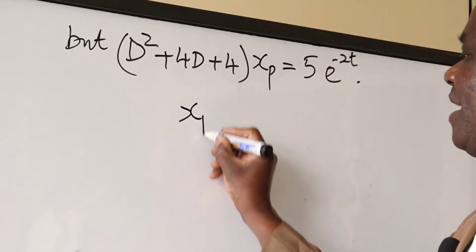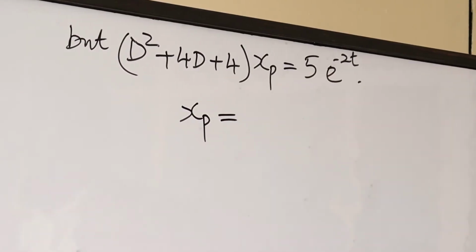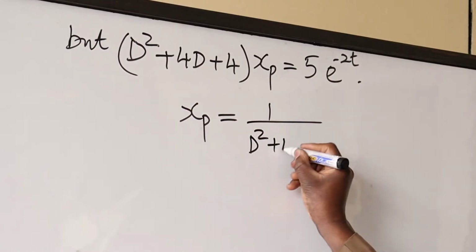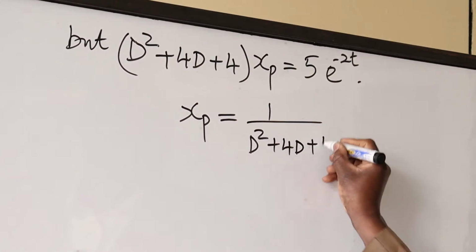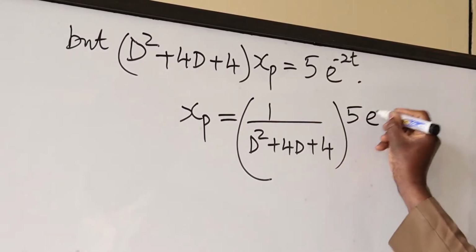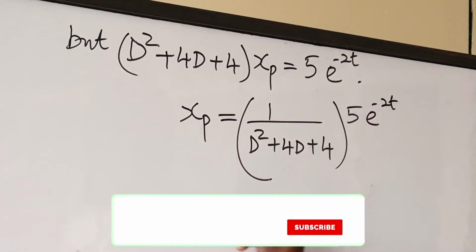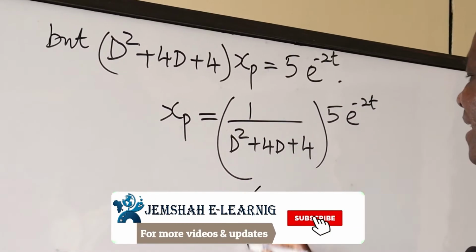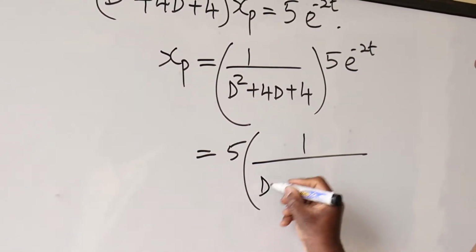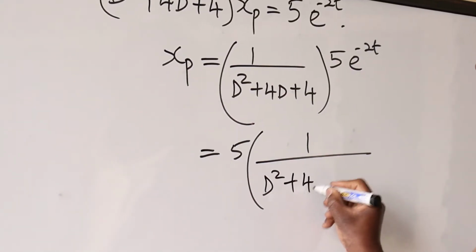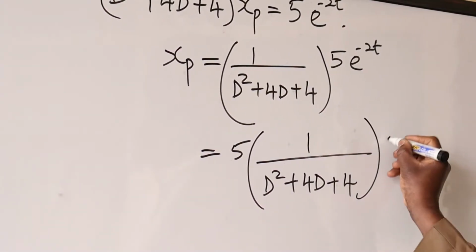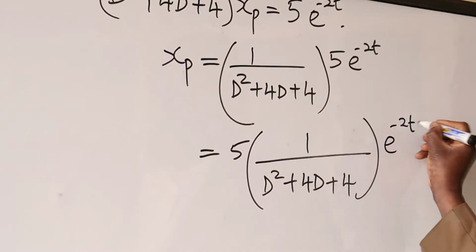So xp will be equal to 1 all over d squared plus 4d plus 4, the whole of this acting on 5 exponential negative 2t, which is equal to 5 into 1 all over d squared plus 4d plus 4 acting on exponential negative 2t.